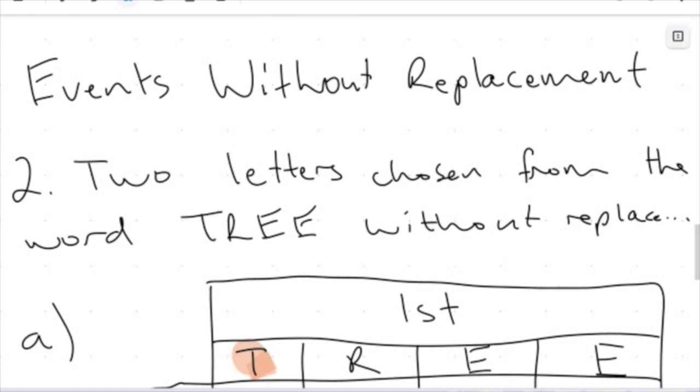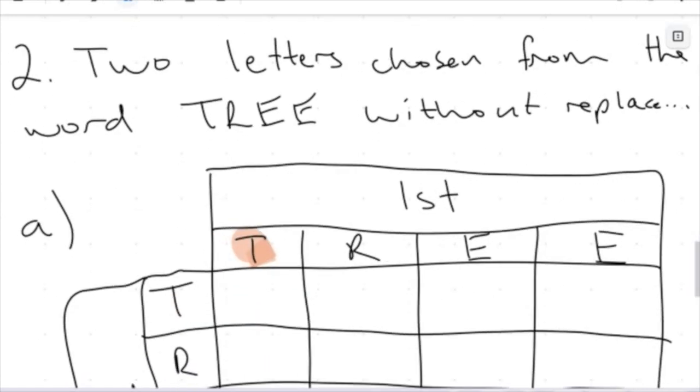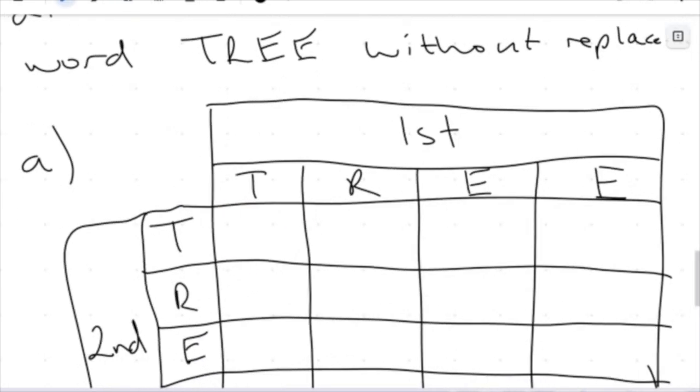So there's no chance I'm actually going to draw another T after I've drawn my first. That is not an option for this particular two-step experiment, because we're looking at without replacement. The T is not getting replaced. We've pulled it out, so we only have the remaining letters to choose from. This particular thing is impossible.